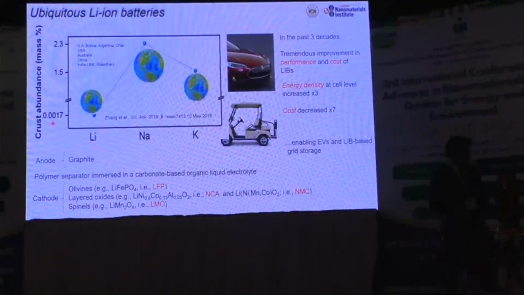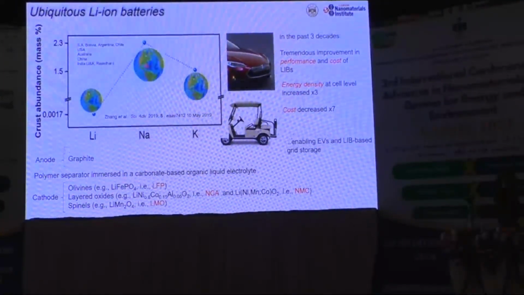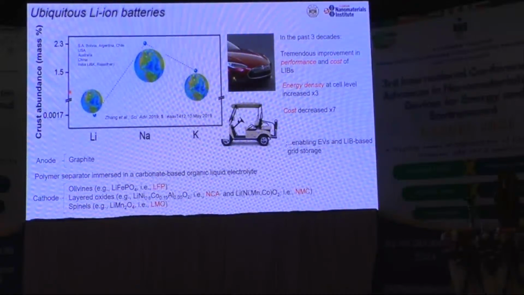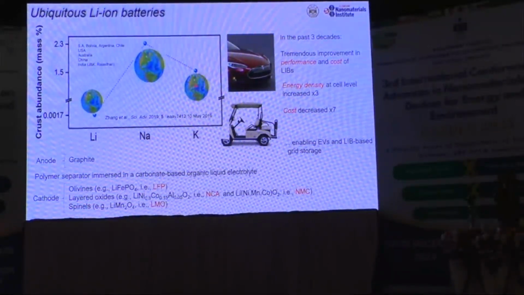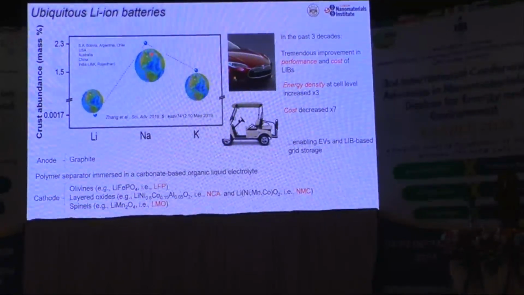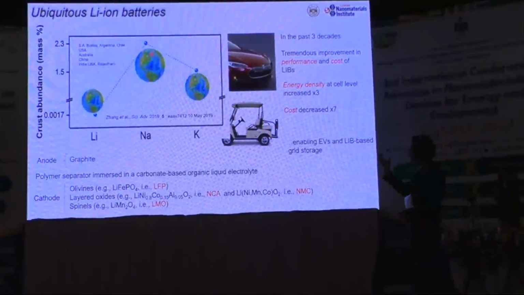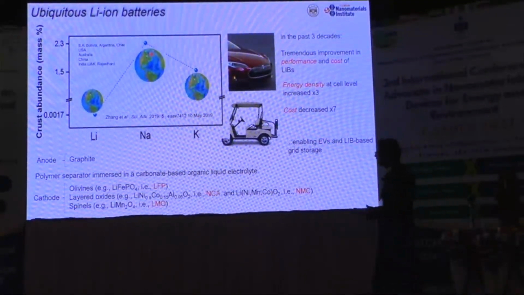Okay, and then if you look at potassium, which is here, it is more than 1. So there is a break in this axis here. And of course sodium is a lot because we have a lot of ocean, right? Sodium is very abundant, 2.3% of the Earth's crust.